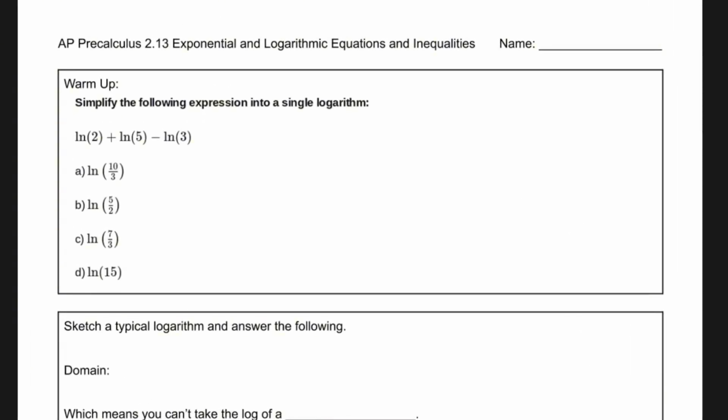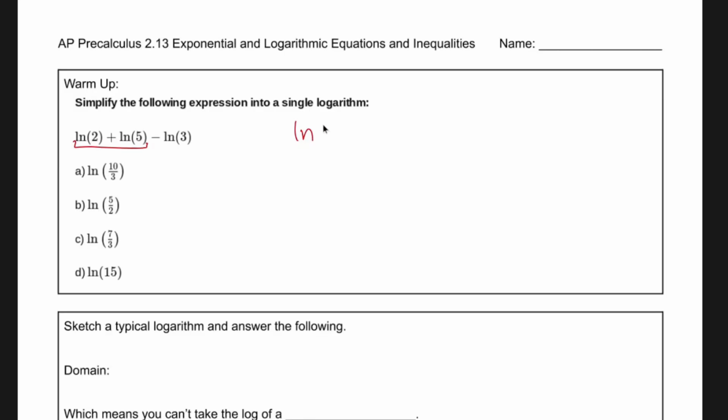Stuff that we should already know, okay? Simplify the following into a single log. This is an ln. And ln's behave just like logs because ln is just a log. Going left to right, we would look at ln 2 plus ln 5 and say when you add logs of the same base, or ln's, you multiply the insides.